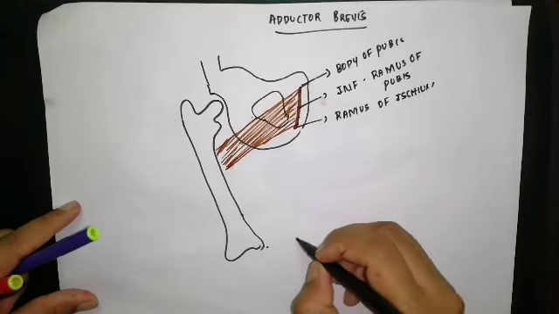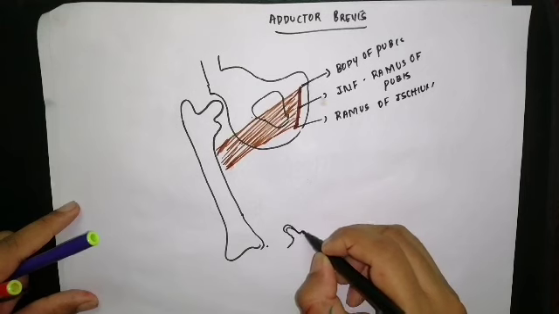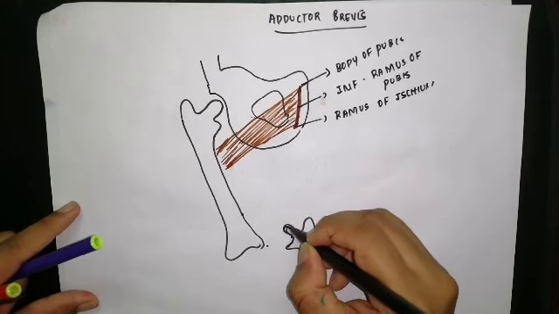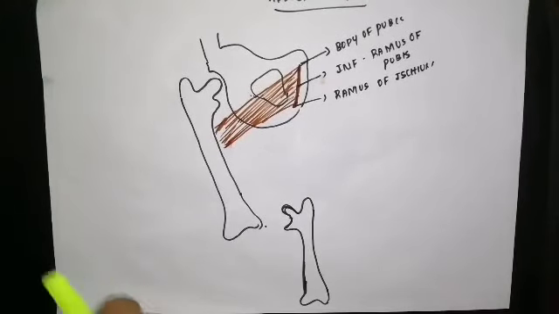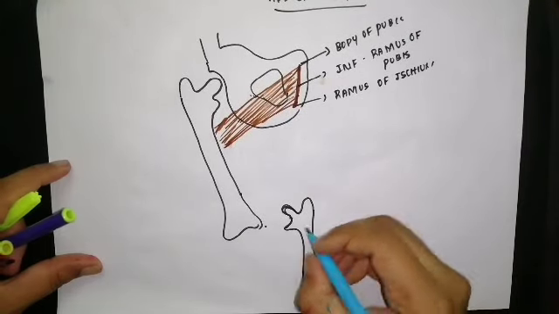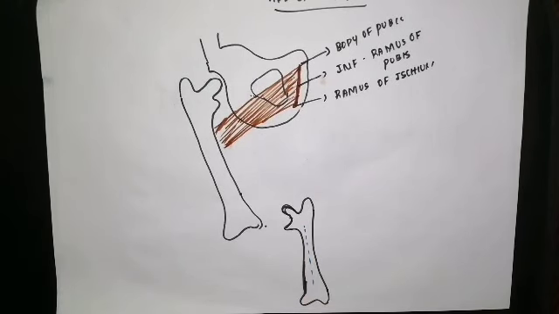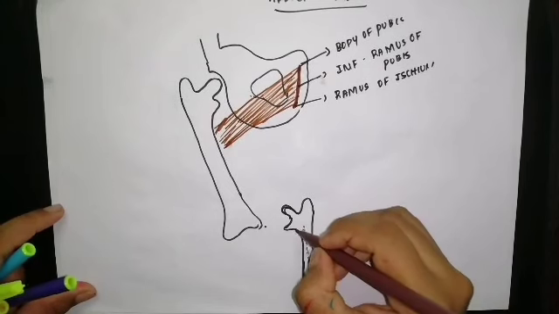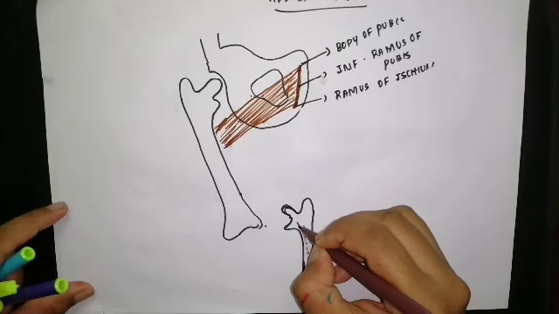Now we will see the posterior aspect of the femur. So this is the posterior aspect. You see the linea aspera here. We have seen the attachment of the adductor longus muscle here, and the attachment of the pectineus muscle here.